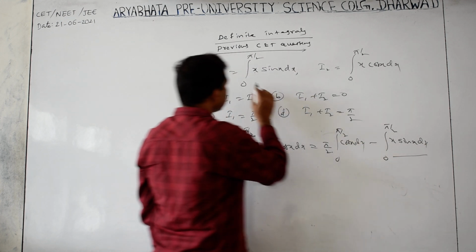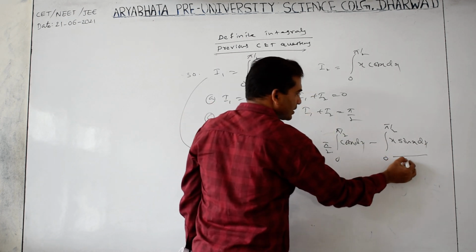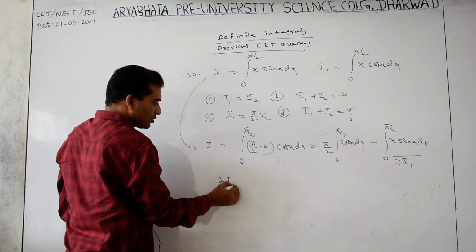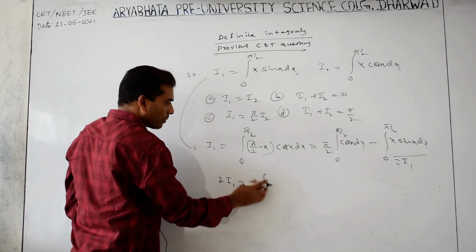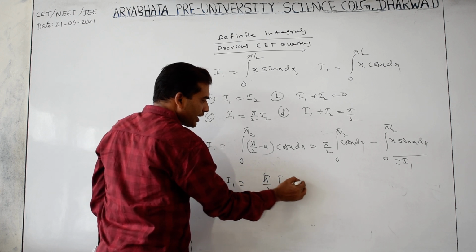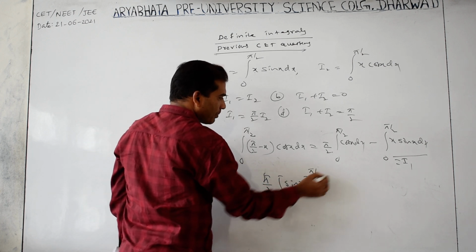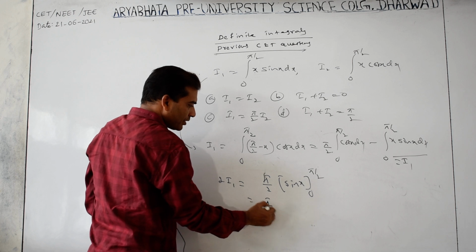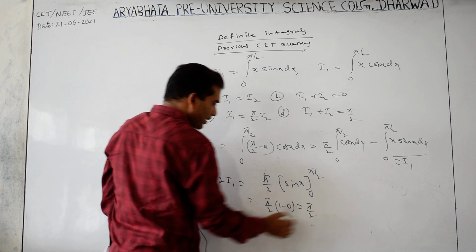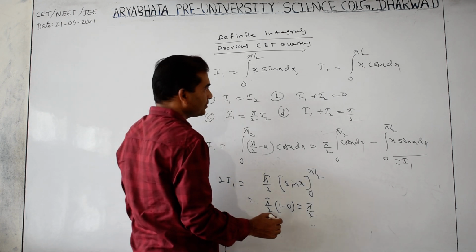The integration of x sin x dx is I1. Transpose this side, I1 plus I1 is 2I1, pi by 2 times the integration of cos x, which is sin x, with limits 0 to pi by 2. So pi by 2 times sin pi by 2, which is 1, minus 0, which is equal to pi by 2.